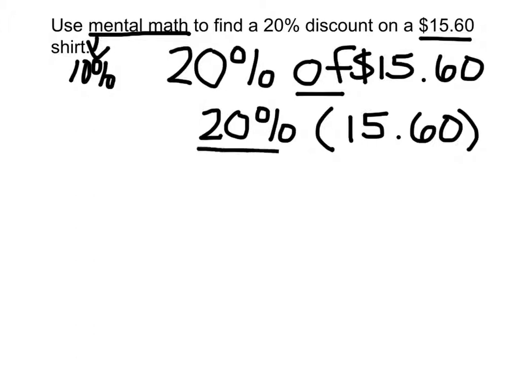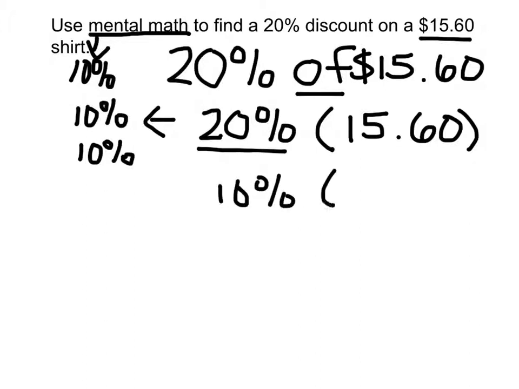So right here, this 20%, we're just going to think of it as two 10%, because 10 plus 10 is 20. So what we're going to do now is figure out what 10% of 1560 is.